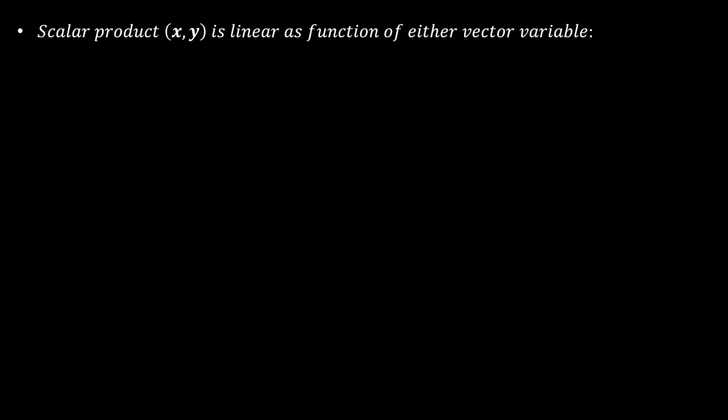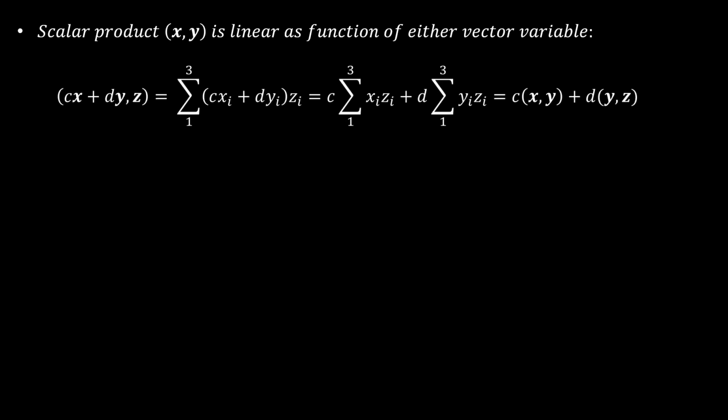So an important property of scalar products is that they are linear as functions of either vector variable. So if we have a scalar c, an arbitrary real number, multiplied by vector x plus scalar d times vector y, and this combination is multiplied so that we get the scalar product with a vector z, then it's easy to see that that is the same as scalar c times the scalar product of x and z plus scalar d times the scalar product of y and z.